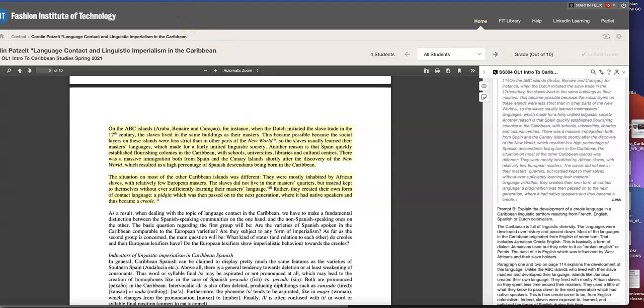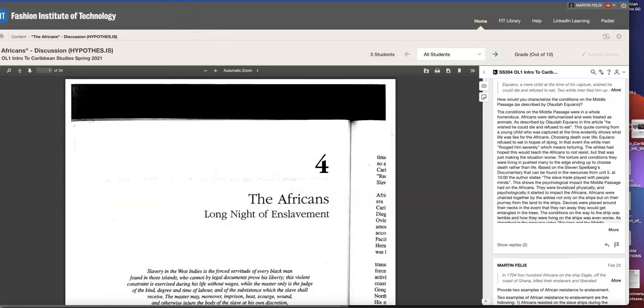Another example of using Hypothesis is here. In the unit on African enslavement, this particular student is responding to a specific question that I asked her to respond to.